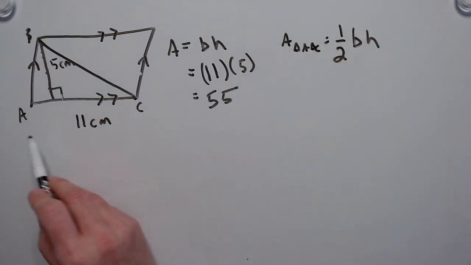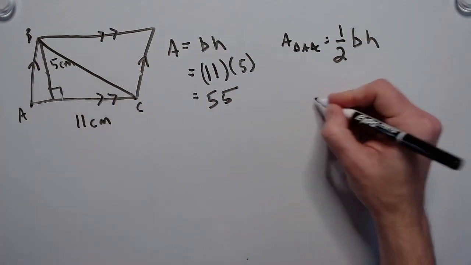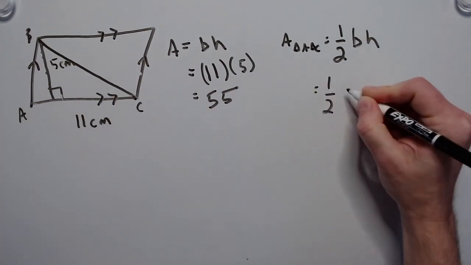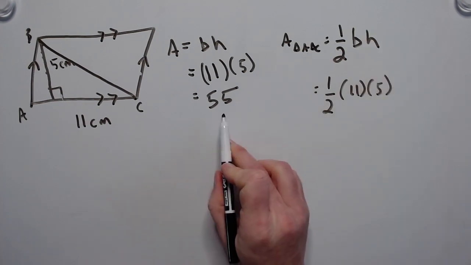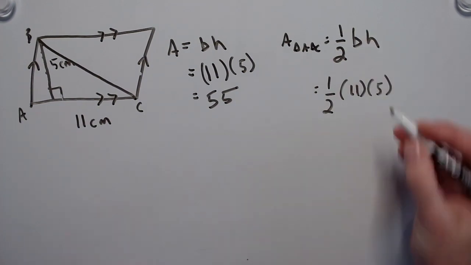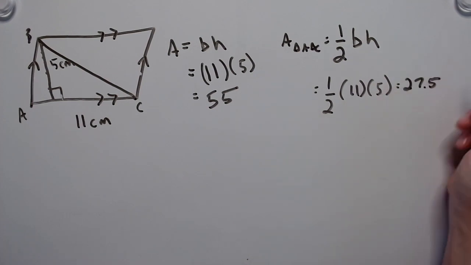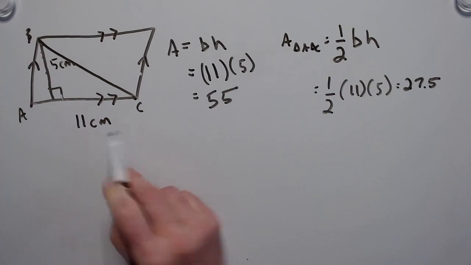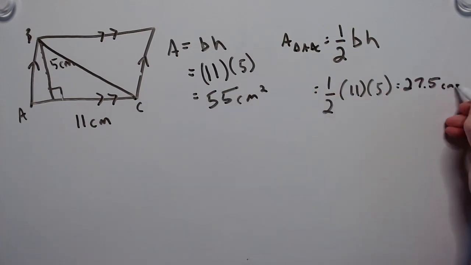The base stays the same, which is 11, and the height stays the same, which is 5. So we'll write this out as 1/2 times 11 times 5, and we'll end up with half of this value. And this is equal to 27.5. Now, we have units of centimeters, so this should have been square centimeters, and this would be square centimeters.